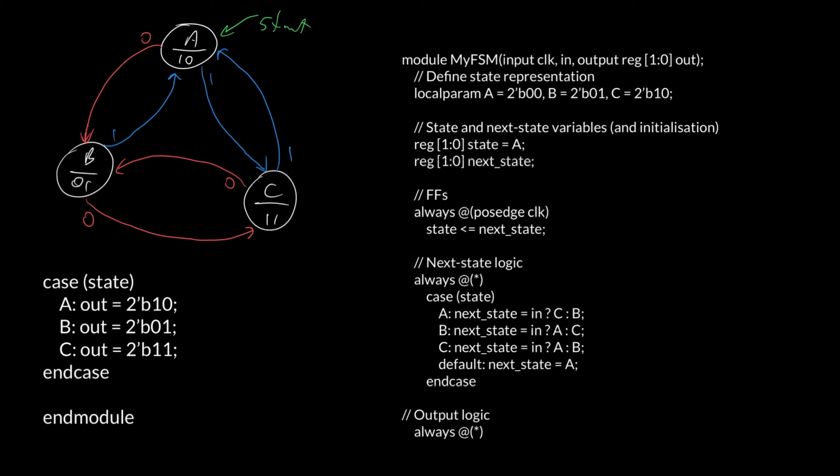So we've got case state, and we just go through all the possible states. And the interpretation is relatively straightforward. If we're in state A, where do we move to next? Well, that depends on the input.